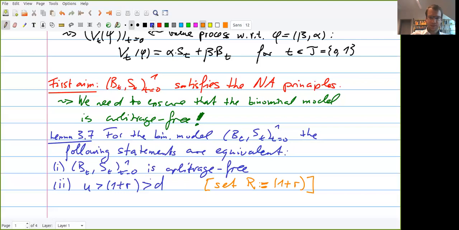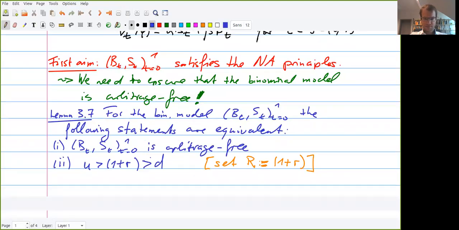And the last equivalent characterization of the binomial model being arbitrage free is that there exists Q, which corresponds to another probability.